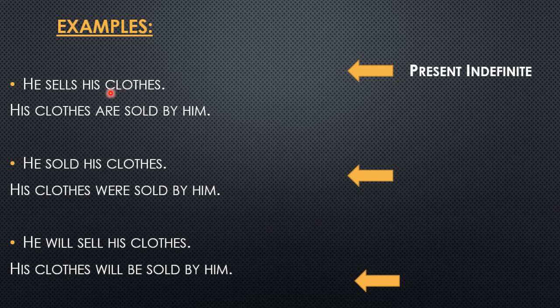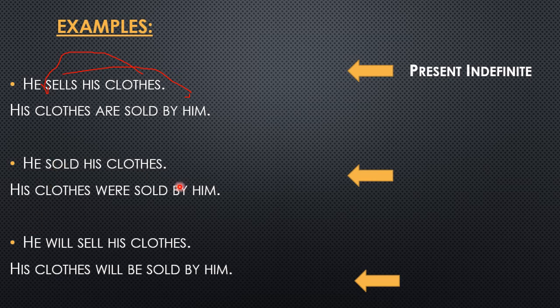Now you can see that the clothes are the object, and it has become the subject here, and the subject of the active voice has become the object here. So this is the example of present indefinite tense.